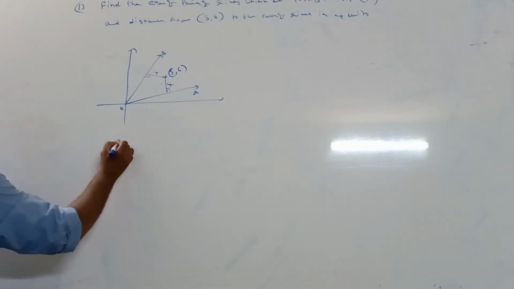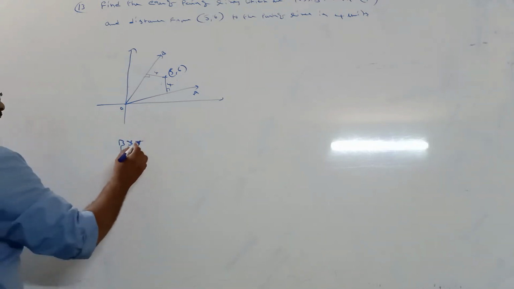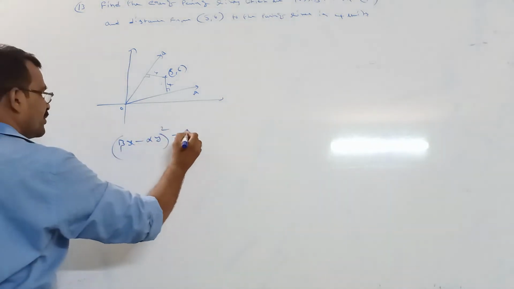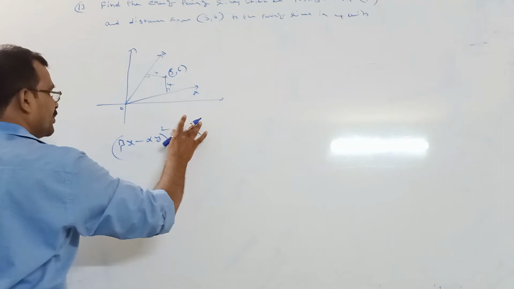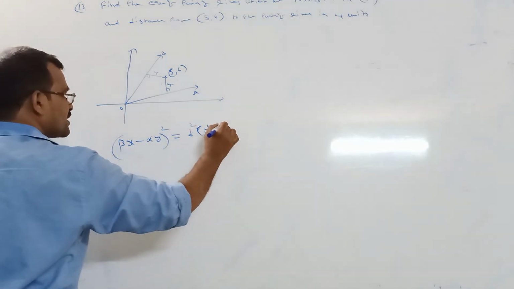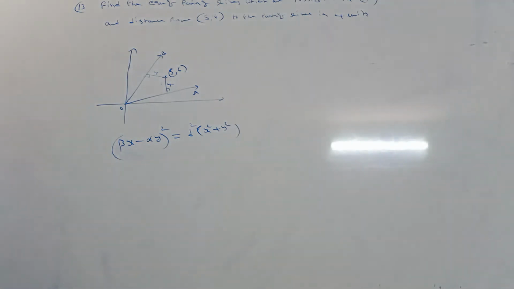Here we have one standard formula: (beta x minus alpha y) whole square equal to d square into (x square plus y square).